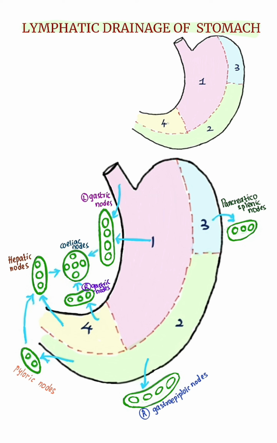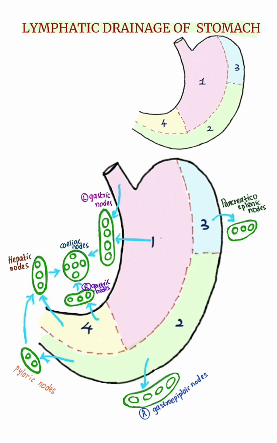Area 4 is the right lower one-third. Area 3 is the left upper one-third. Area 2 is the left lower two-thirds.